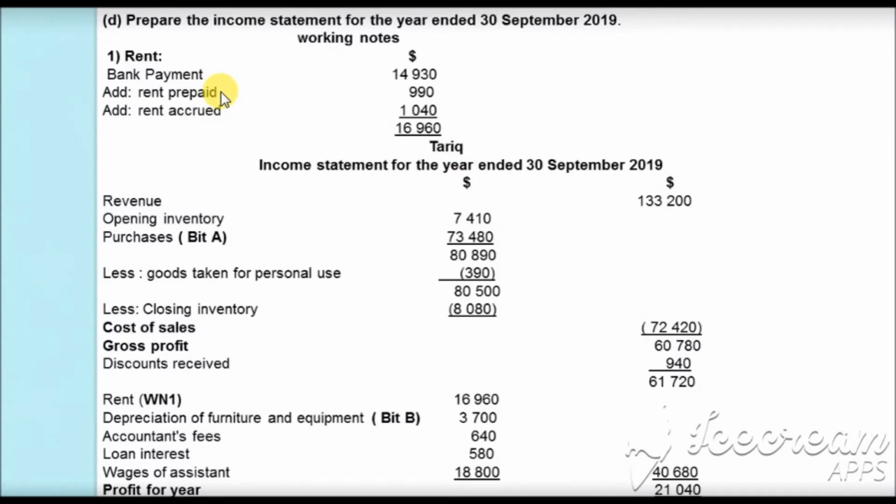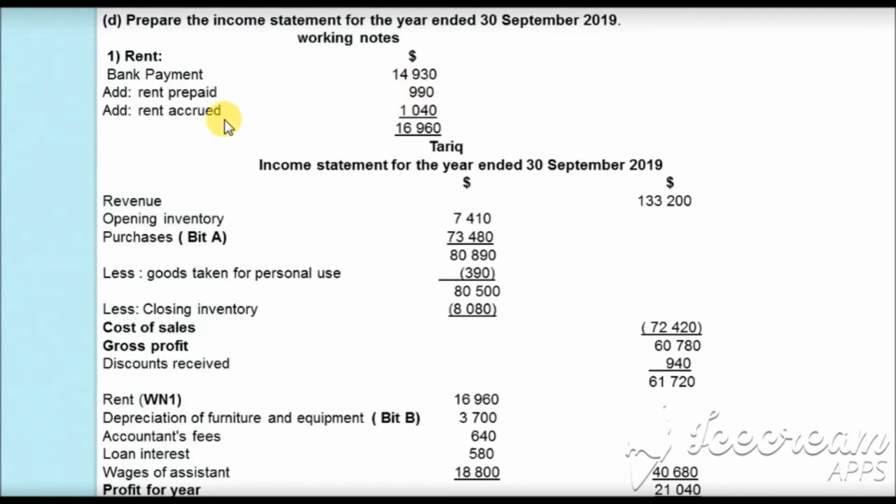Furthermore, it was given in the information that on 1st October 2018, there was an opening balance of rent which was prepaid in the last financial year, and this was for the rent which was required to be paid in the current financial year for which we are making the income statement. As this is the rent for the current financial year, we are going to add it as $990.